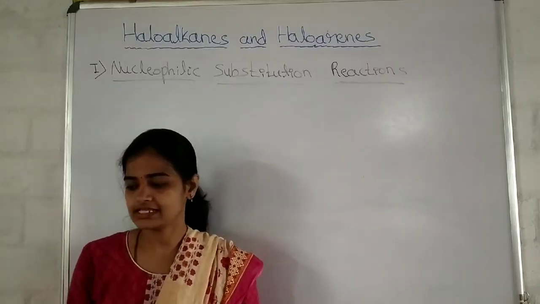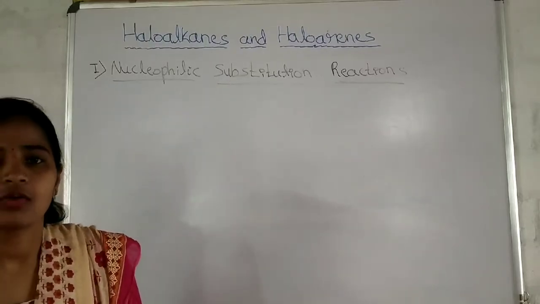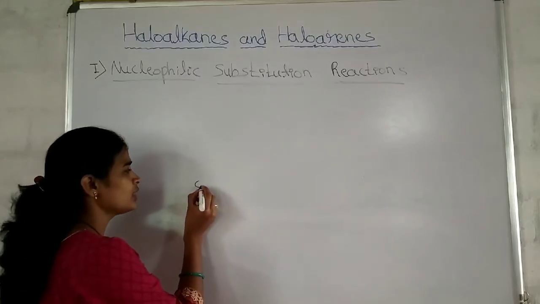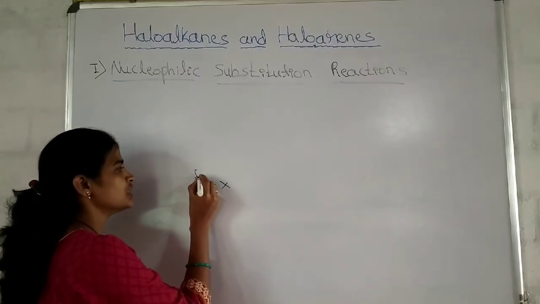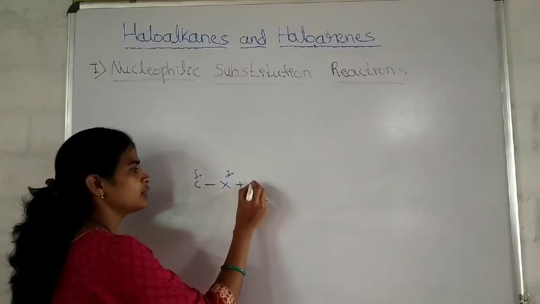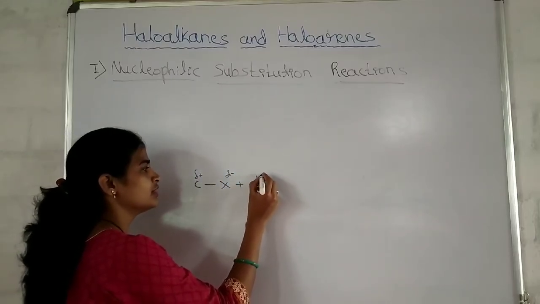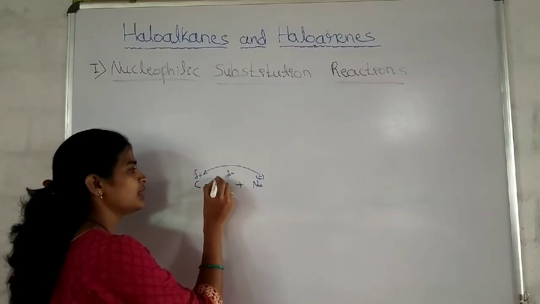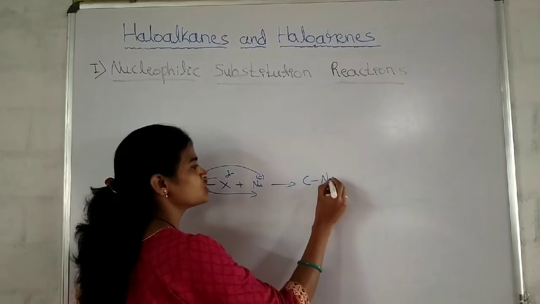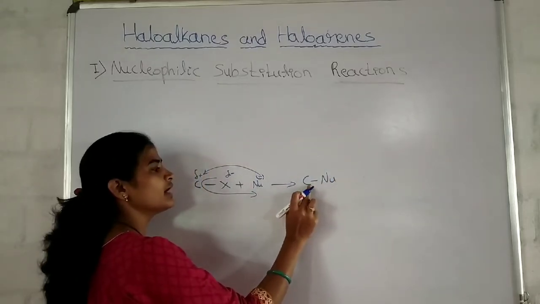In the previous class I gave you the introduction: what is the nucleophilic substitution reaction. The carbon halogen bond is partially polar; carbon gets a partial positive charge and halogen a partial negative charge. When a nucleophile attacks the carbon, the halogen leaves as a halide ion. Therefore, there will be a formation of a new nucleophile and carbon bond.